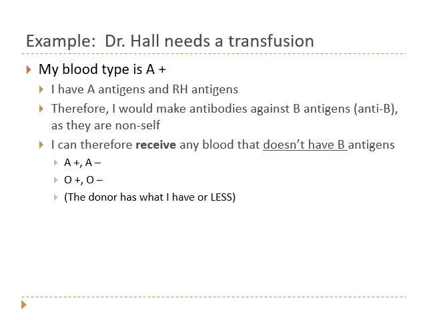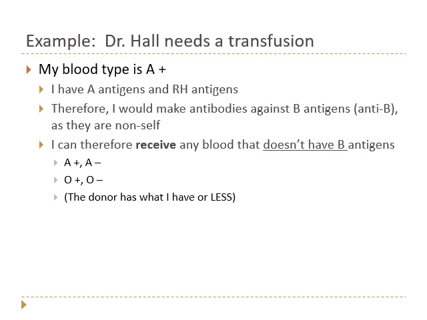So therefore, I can receive any type of blood that doesn't have B, right? As long as it doesn't have B, I'm good with the other two. So I could get A positive, which is what I have, or I could get A negative because that only has A antigens. Those are cool with me. I could get O positive because that means it just has the Rh antigen, which is cool with me.